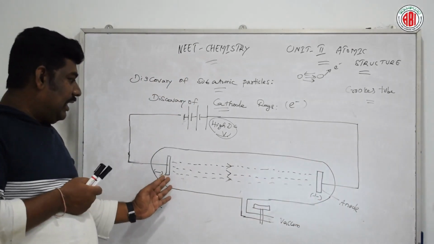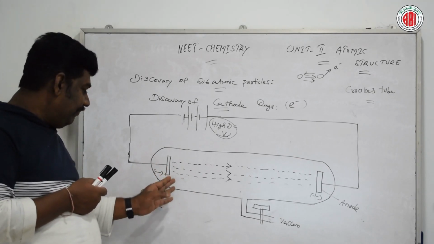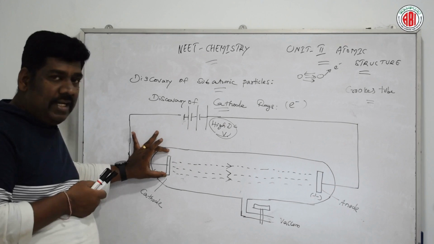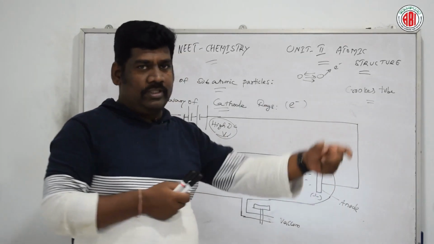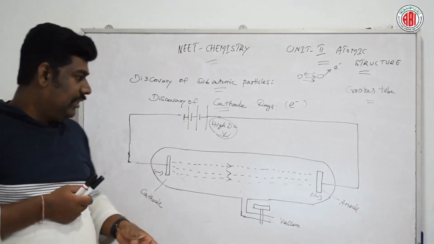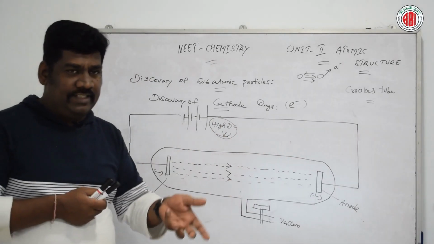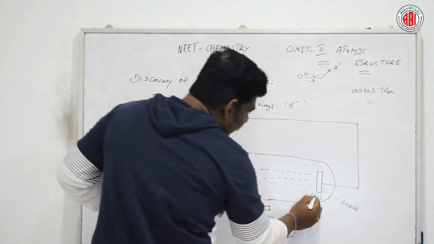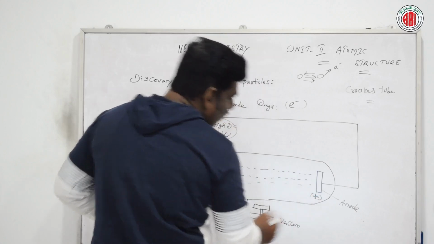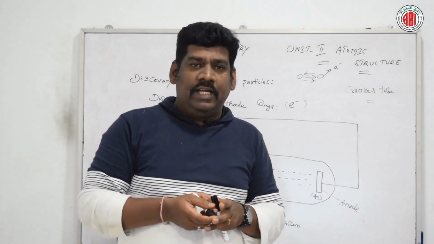So there are rays which are emerging from the negatively charged electrode to the positively charged electrode. So what are they said to be? The rays are cathode rays, or negative rays.